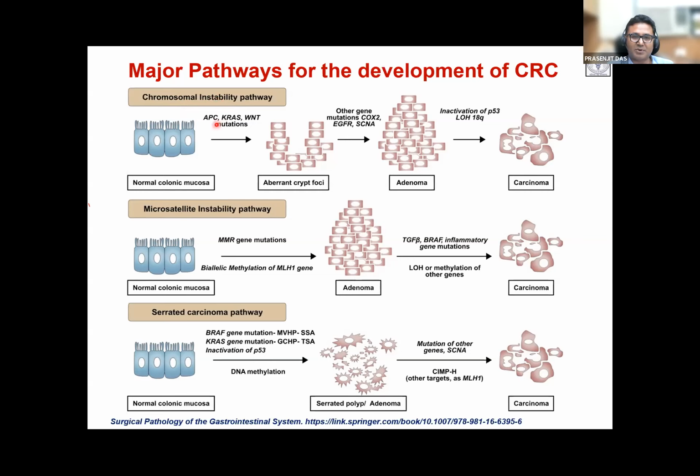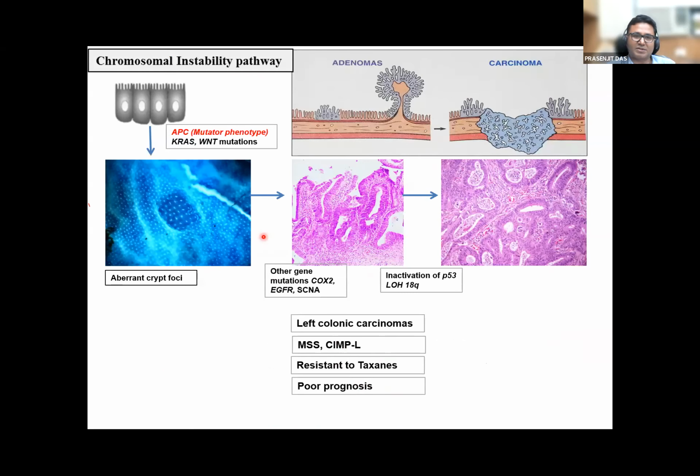The most important is the APC gene, which is the predominant or the first gene affected in this pathway, followed by multiple other genes, and that leads to carcinoma. In the microsatellite instability pathway, we see MMR gene mutations or suppression of the MMR genes by methylation. And we have the serrated carcinoma pathway. I will touch upon each of these pathways in the subsequent slides.